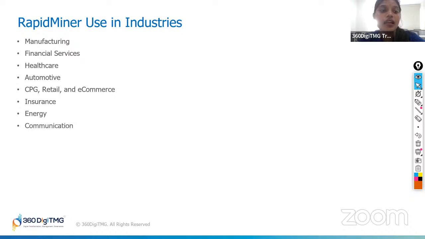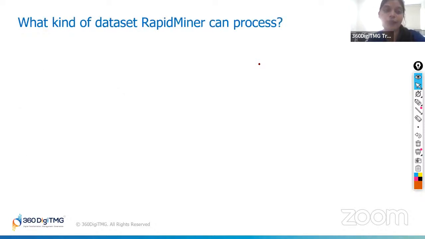Energy companies, telecom companies, which is communication, travel, which is airlines, and utilities companies can also use RapidMiner. So RapidMiner can be used in different industries. Some of the industries mentioned here are manufacturing, financial services, healthcare, automotive, retail and e-commerce, insurance, energy, communication, travel and utilities. In all of these industries, we can use RapidMiner.